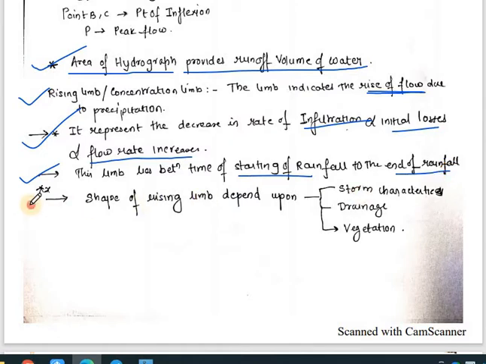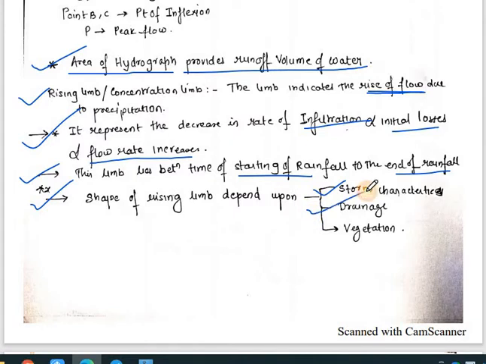Now there are various factors on which your rising limb will depend. That is the storm characteristic: which type of rain, which type of precipitation is happening, whether it is in the form of rainfall, hail, or snow. That is one of the important factors that has an effect on the rising limb.